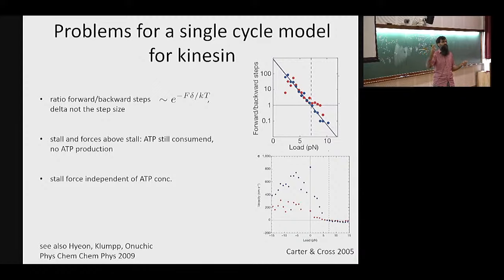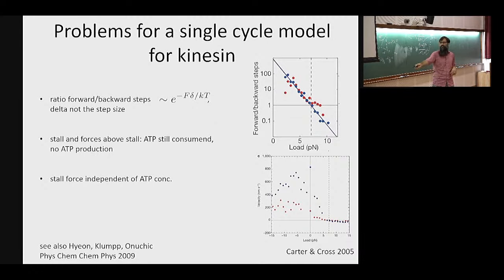So if you have only one cycle and you have no flux in this system, then you are automatically in an equilibrium state. And if you are in an equilibrium state, that means this thing here has to be zero, and that means whenever the force is such that the system doesn't move, the chemical potential has to exactly balance that force.